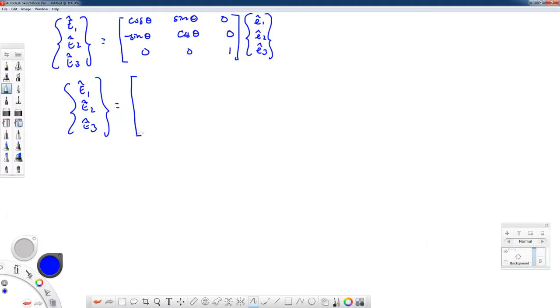Now in general, we would have something that looks very similar. And some books use different symbols for this. I'm going to use the symbol m, but we have a matrix of these coefficients, m11, m12, m13, and then so forth as we transform from one coordinate system to another.